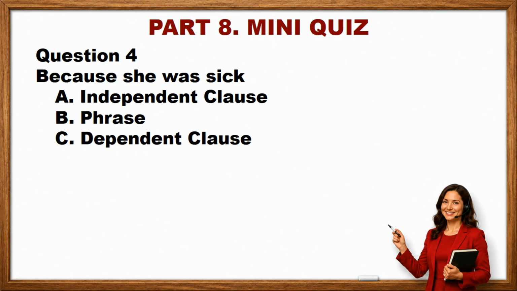A. independent clause, B. phrase, C. dependent clause. Answer: C. Dependent clause. It has a subject, she. Verb: was. But it doesn't express a complete thought. Excellent.